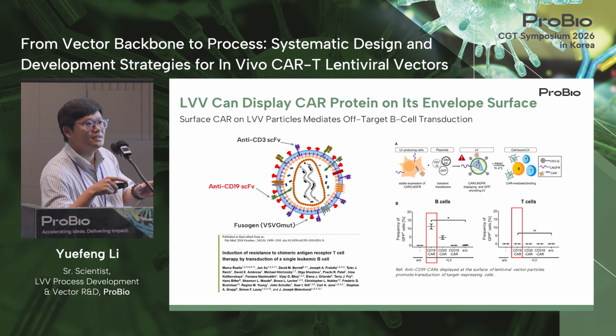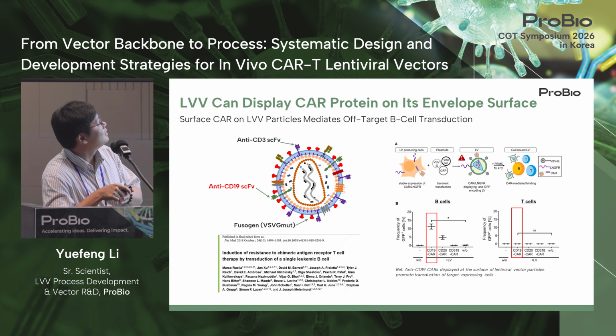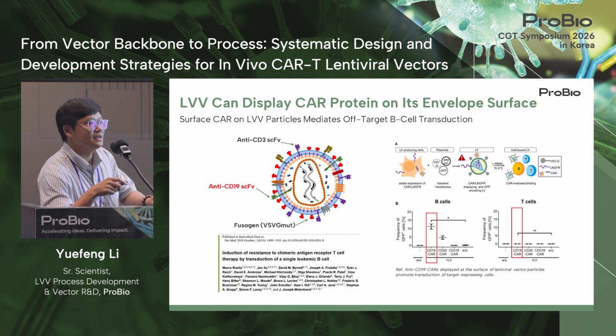So the CAR also has a CD19 scFv on it. So it can also perform as a binder, but this time it binds to CD19. We wanted to only have the CD3 binder to bind the T cells, but now, because the GOI is already expressed as a protein, it can bind CD19 as well.